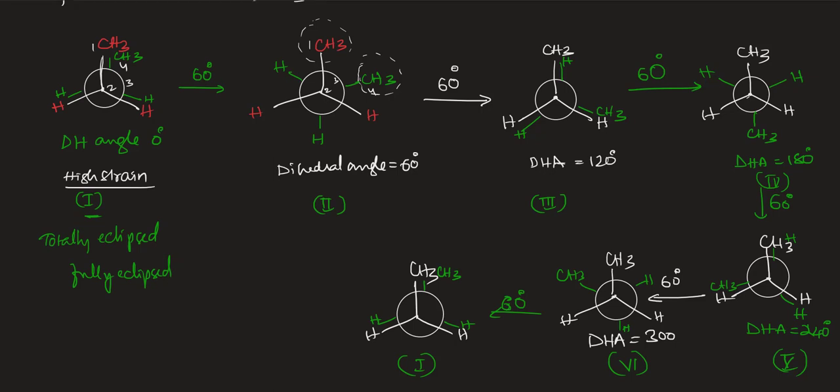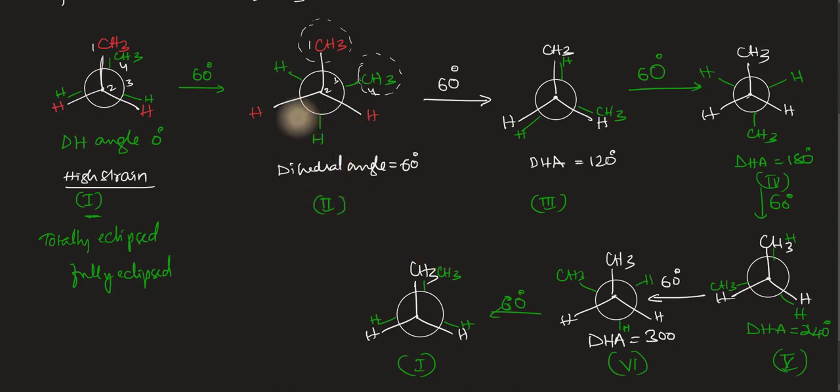And then we have the next structure when the dihedral angle is increased to 60 degrees. Now the torsional strain as well as steric strain is reduced, but still there is interaction. Because of this, this structure will have slightly higher stability compared to the first structure, and this structure is stable by almost 3.8 kilojoules.